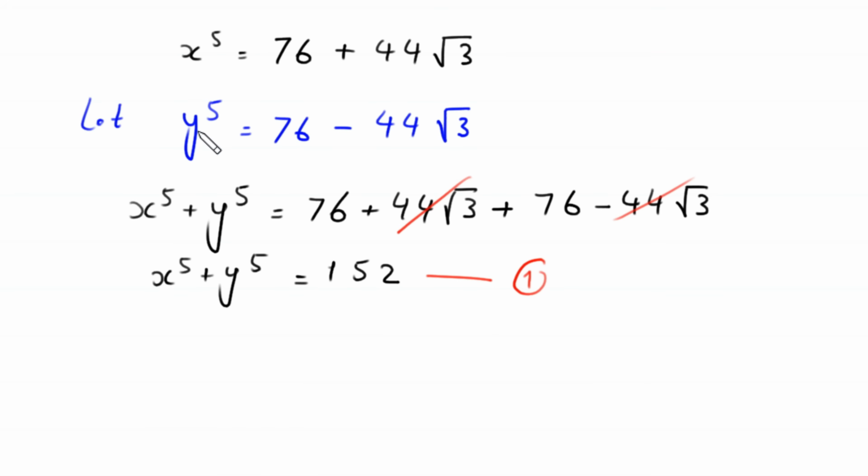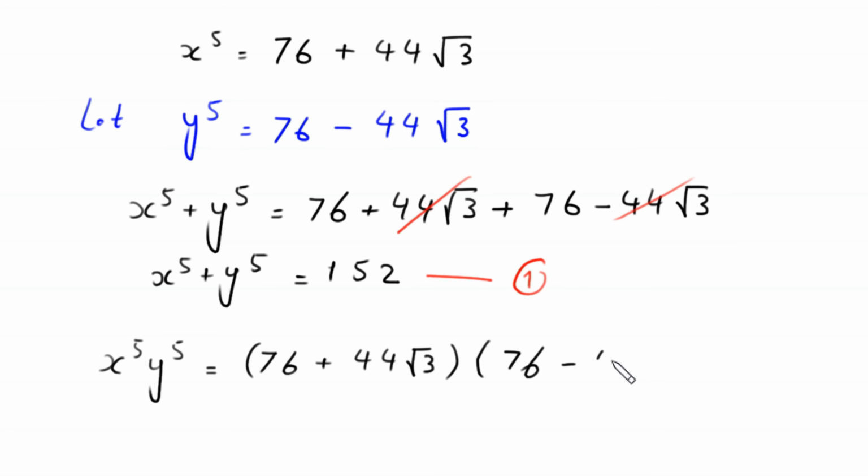Now we find the product of these two equations. So the product x to the power 5 times y to the power 5 will be equal to (76 plus 44 times root 3) times (76 minus 44 times root 3).